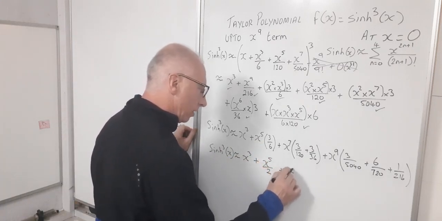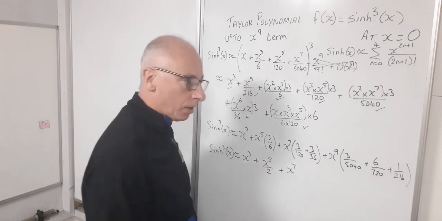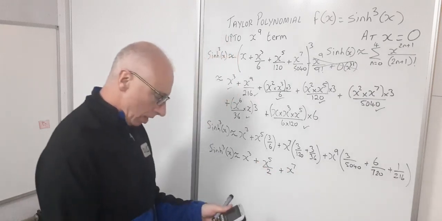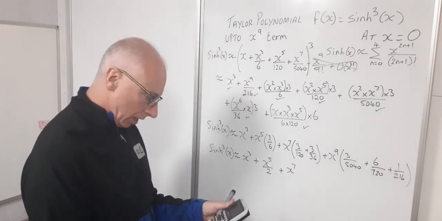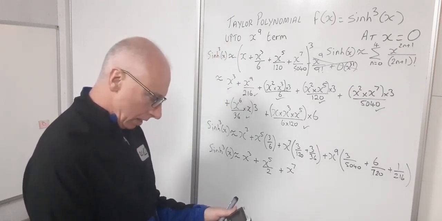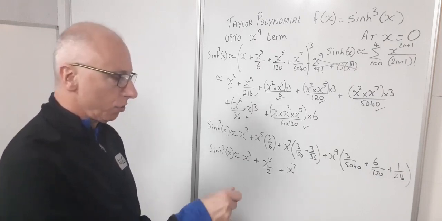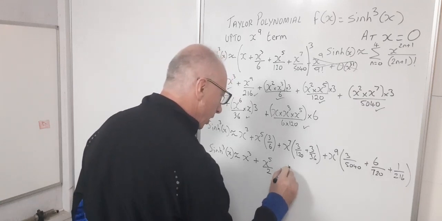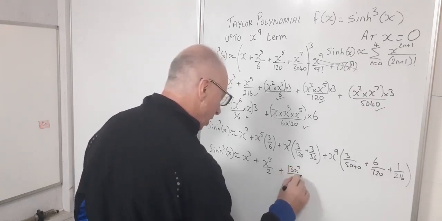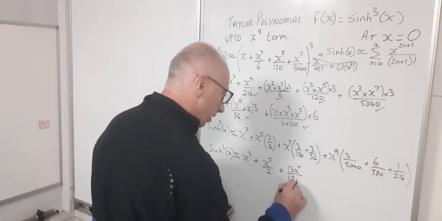Here I've got x to the 7. So what's that going to give me? So 3 over 120 plus 3 over 36. That's going to give me 13 over 120. So I'm going to rewrite that just to fit my coefficient in there. 13 x to the 7 over 120.